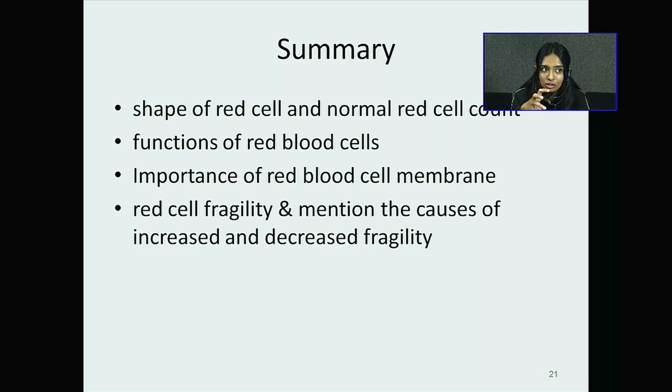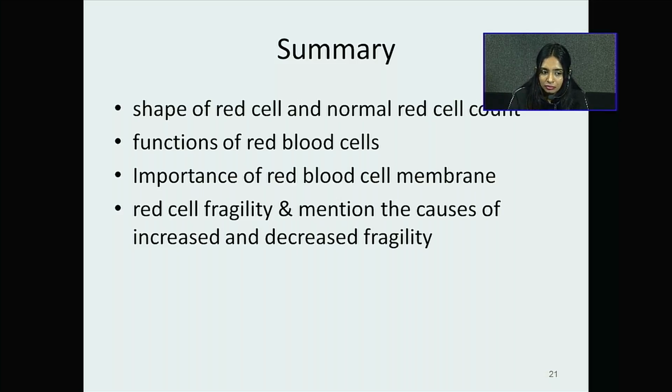Now, some pathological conditions in which RBCs increase. A pathological condition in which RBCs increase is polycythemia. Polycythemia is a rare cancer that is caused by a mutation in a gene known as JAK2. In this, the bone marrow tends to produce more abnormal precursor blood cells that function abnormally and produce more RBCs than required for the body.